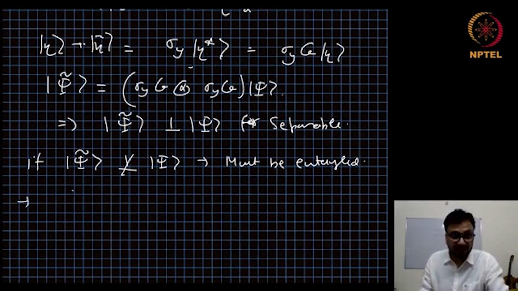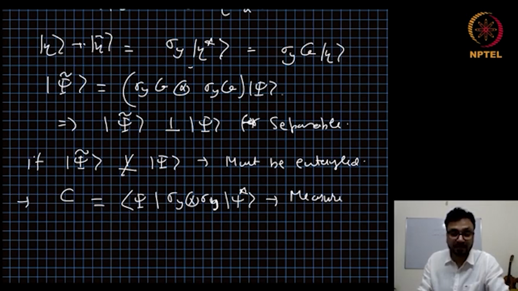So if we define a quantity C, which is psi, sigma y tensor sigma y, psi star, then this can be a measure of entanglement. And this quantity is called concurrence.